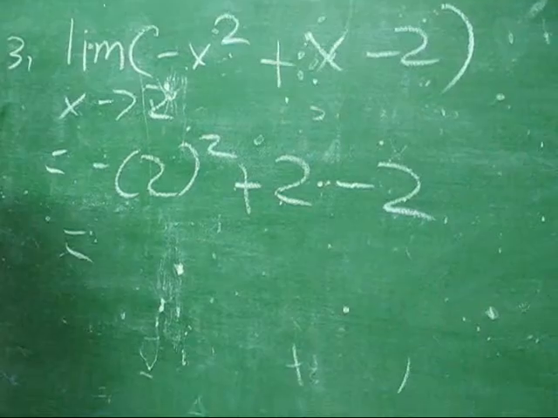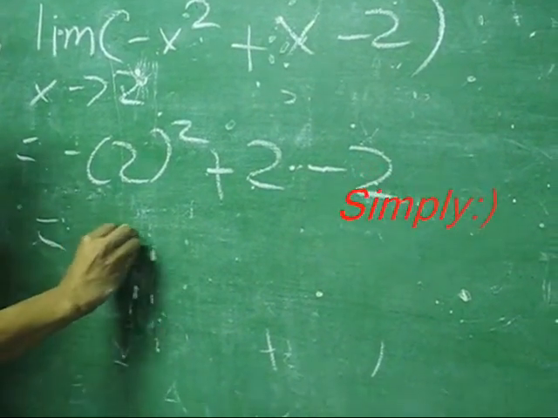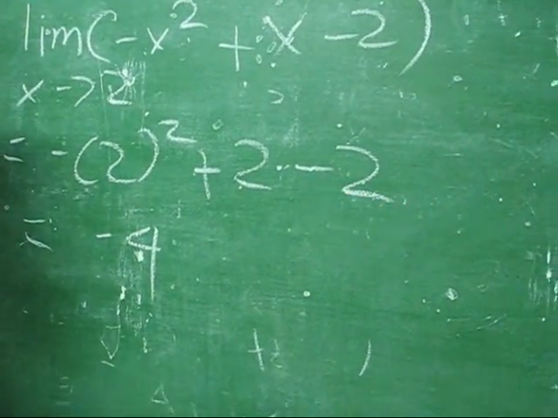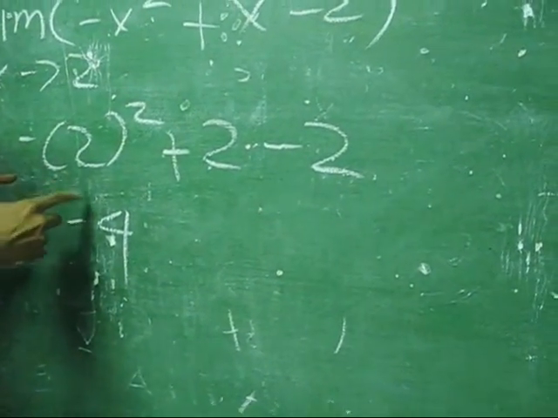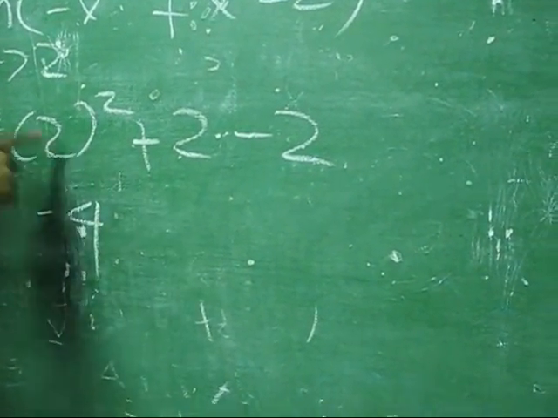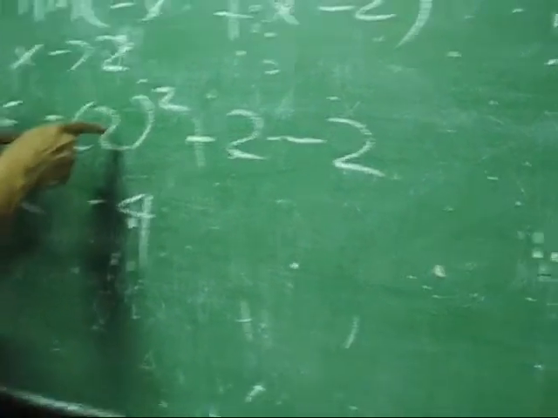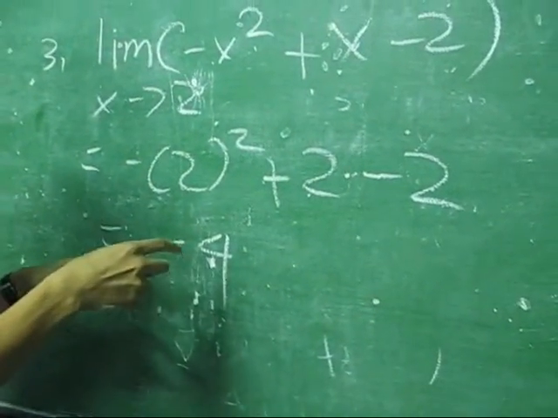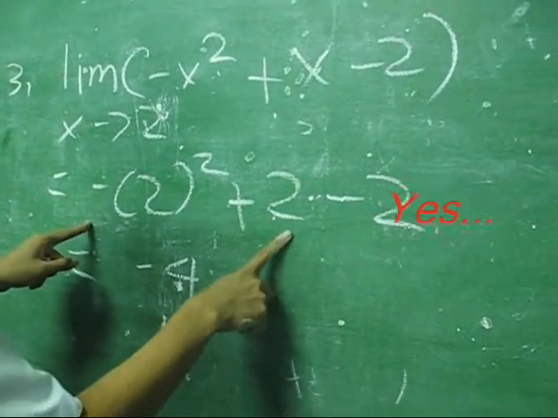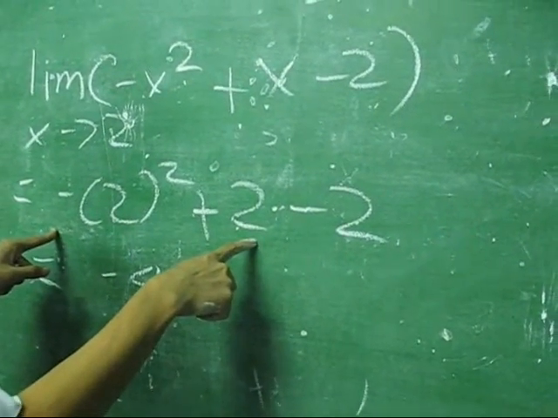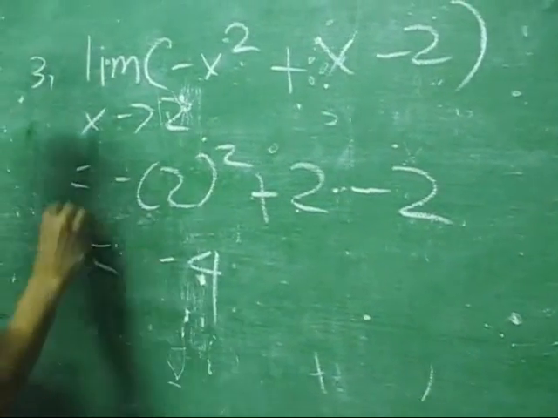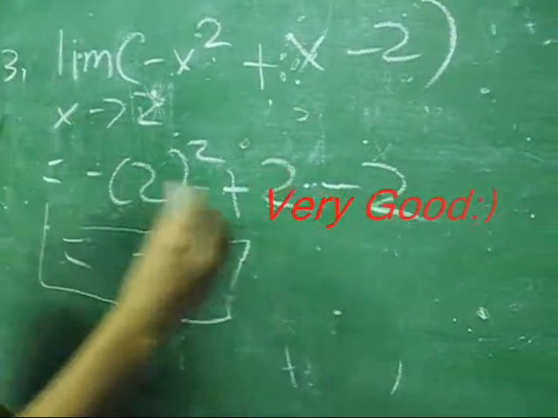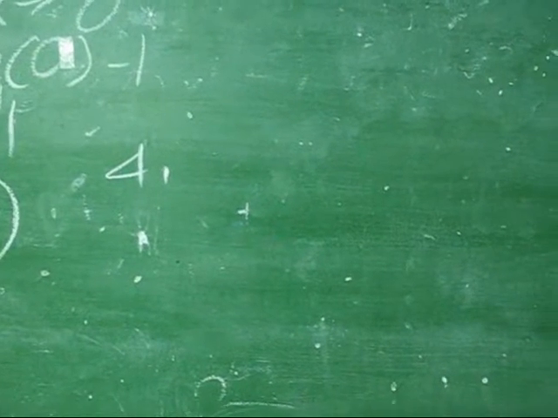So our answer will be simply negative 4. Why negative 4? Negative 2 squared will be negative 4, right? Yes. Then plus 2, it's negative 2. Minus 2, it's negative 4.